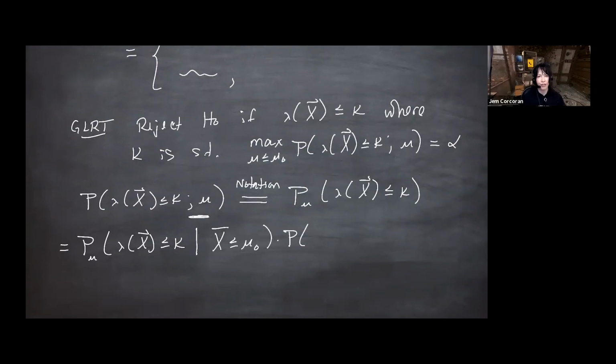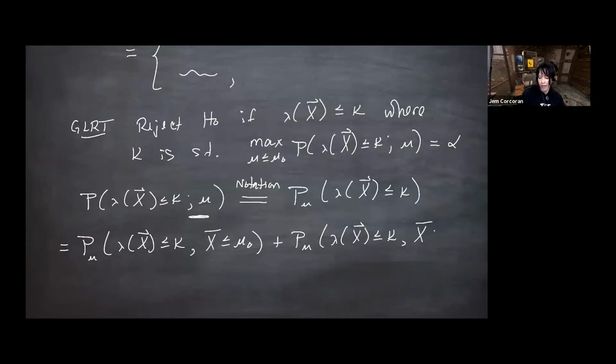If you haven't seen conditional probabilities that much, like if you came from Markov, you definitely know what I'm going to write here. So I'll just write it differently first. So this is: lambda of x is less than or equal to k and x bar is less than or equal to mu naught, or add the disjoint event probability that lambda of x is less than or equal to k and x bar is greater than mu naught.